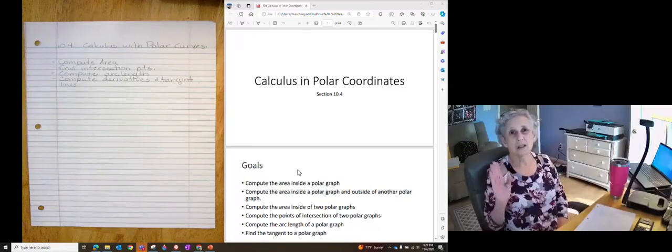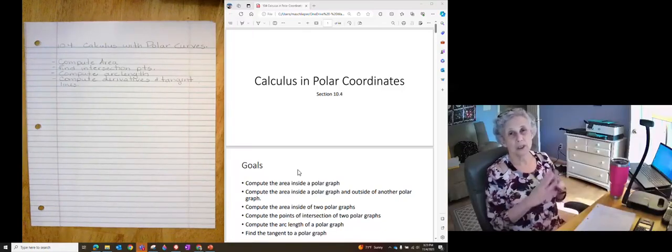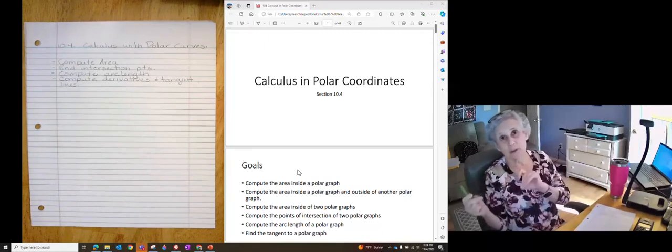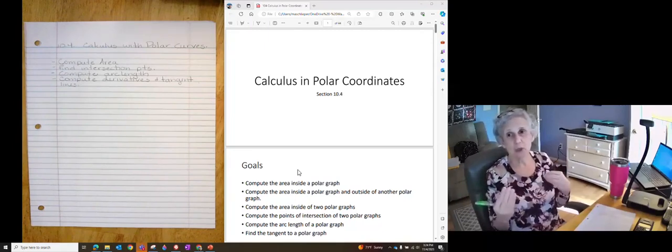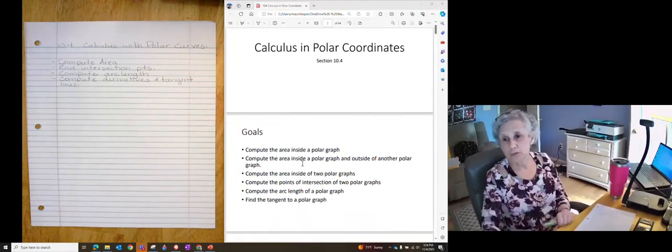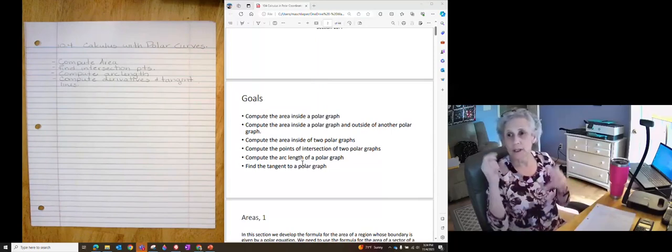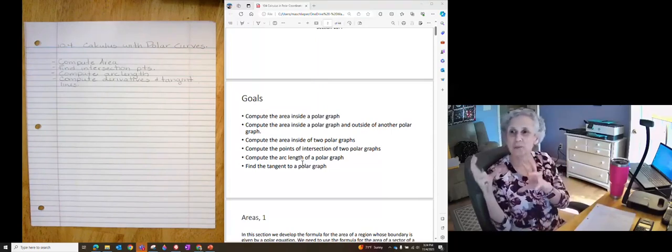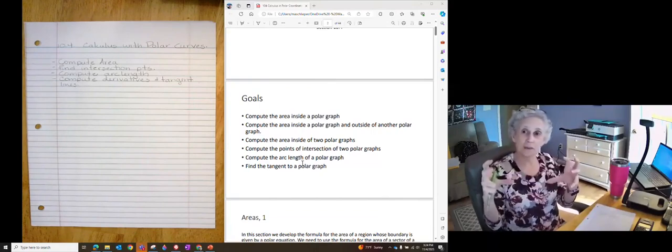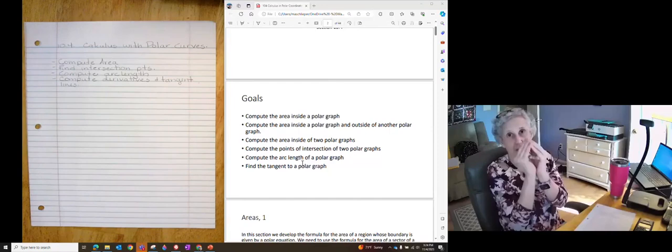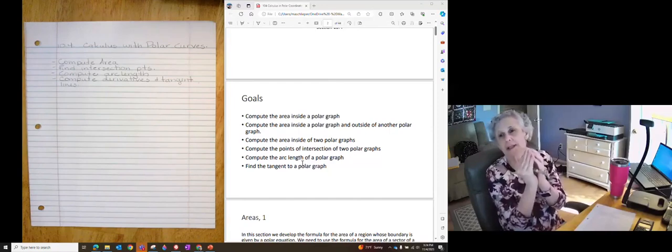This section has a lot to cover. We're going to spend a good bit of time on area and polar coordinates. So in order to do that, we'll need to practice sketching polar graphs. We'll find the area inside a polar curve, the area inside one polar curve but outside of another, the area inside of two polar curves at the same time.